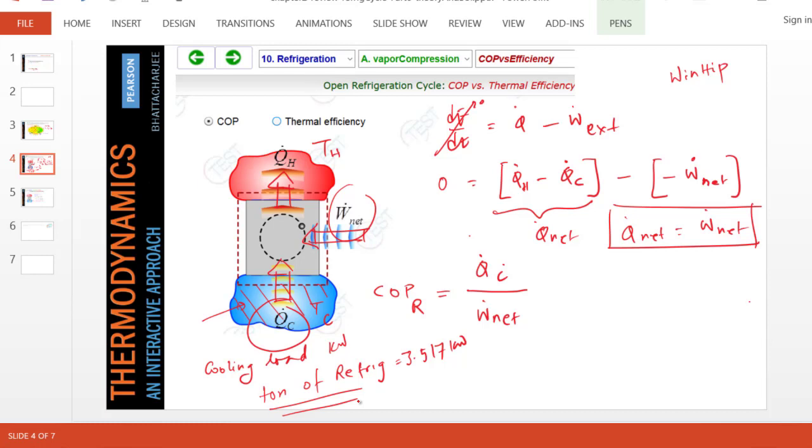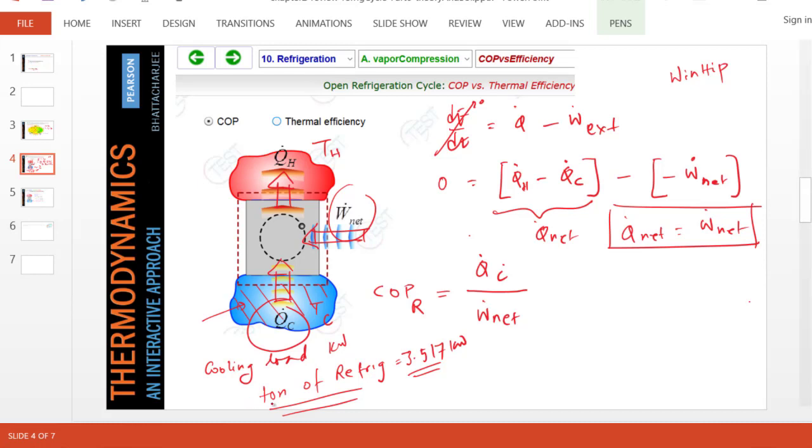Similarly, a ton of refrigeration is not really a unit of mass. It means if you buy a ton of ice, 2,000 pounds of ice, and put it in a room, and it melts over 24 hours, that is equivalent to removing 3.517 kilowatts from your room for an entire 24-hour period.